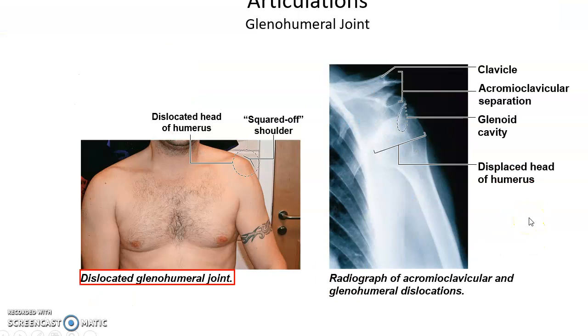And sometimes this very mobile joint gets dislocated, so that's when the humerus's head is no longer fitting properly into the scapula's glenoid cavity. And when that happens, obviously you have to get your humerus repositioned and placed back into the glenoid cavity.